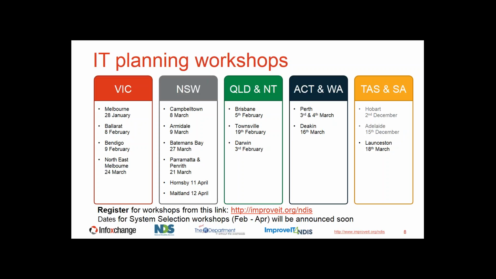Those workshops can be registered for by following the link, ImproveIT.org/NDIS. Dates for the system selection workshop will be announced early in February. And you can again register for them once they're announced through the ImproveIT website.